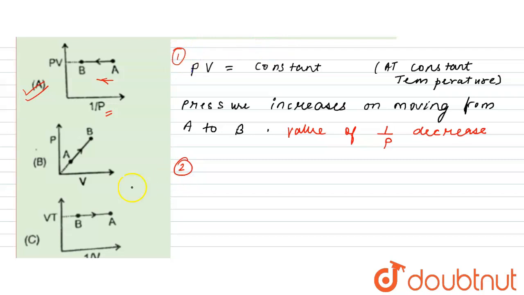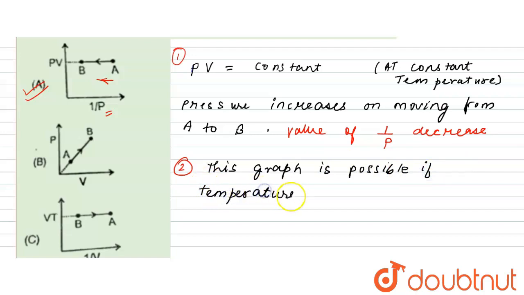Now in the second graph, it is given that there is a linear increase in pressure and volume. So this graph is also possible. This graph is possible if temperature increases continuously, right?